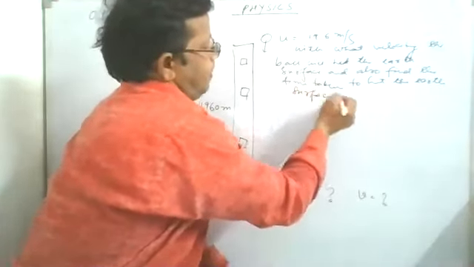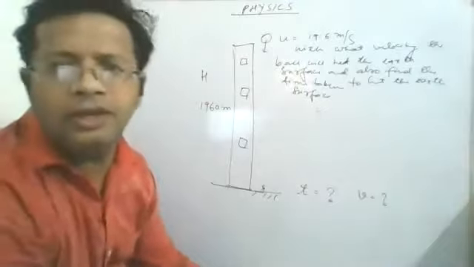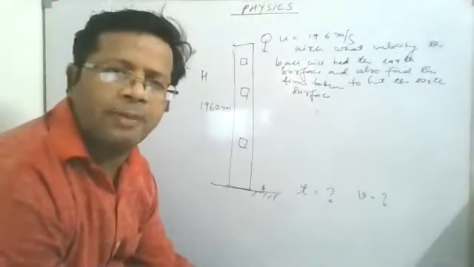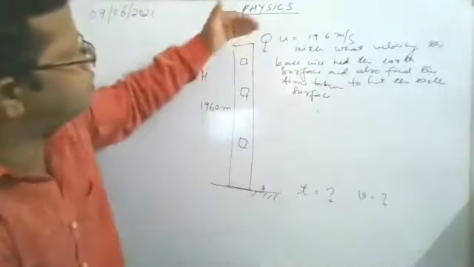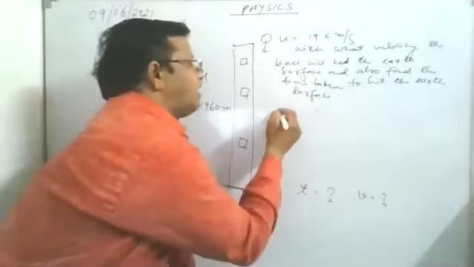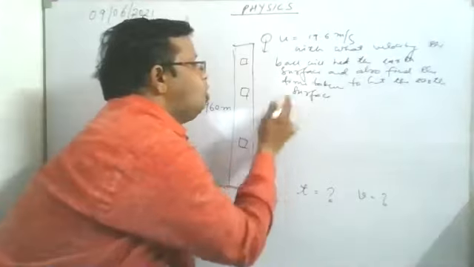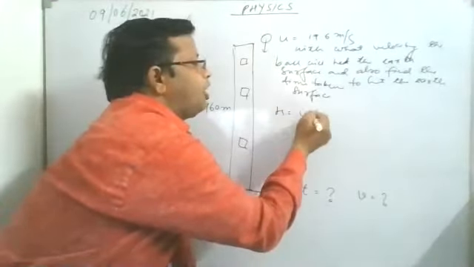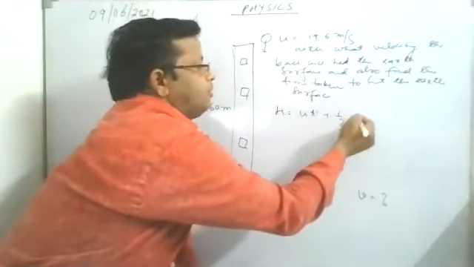Let us see here. If you are asked to determine the time taken by the ball to reach here, you can easily apply the second formula, s is equal to, or h is equal to ut plus half gt square.